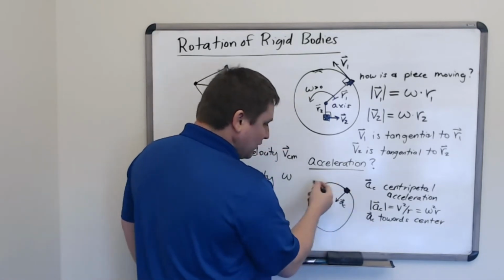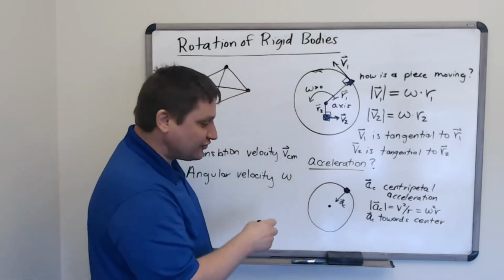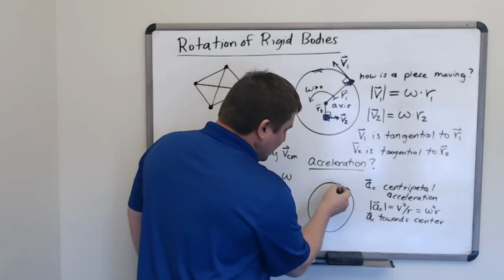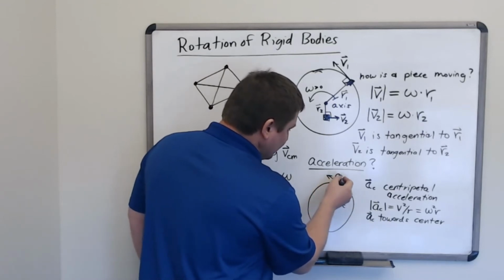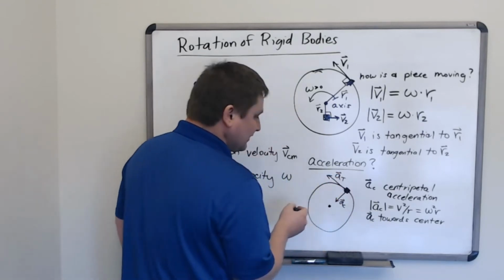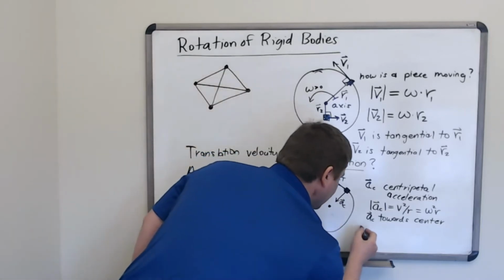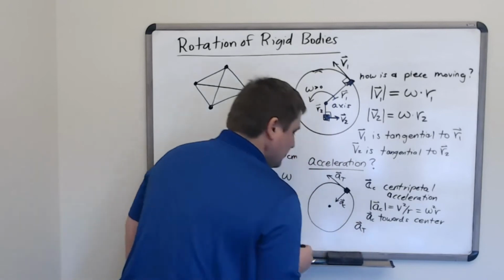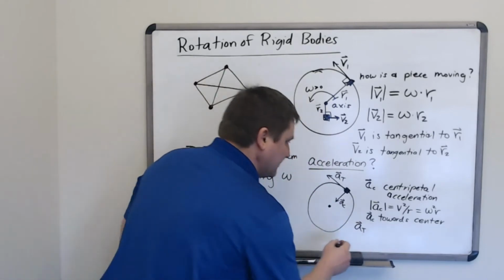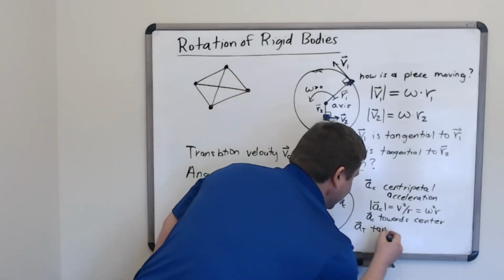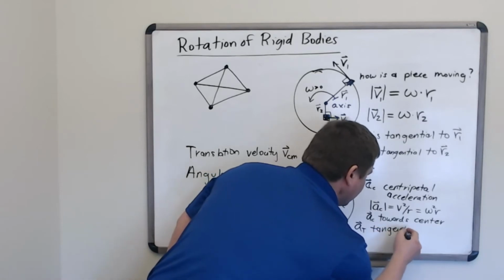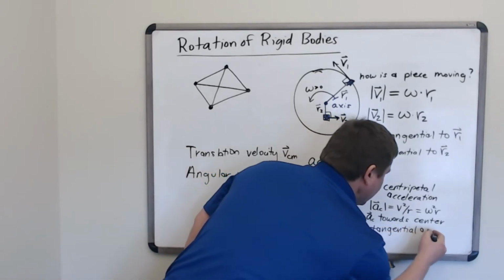So in the cases where the rotation rate can change, we can also have a different component of acceleration in the tangential direction. So we label this as a sub t, and we call it the tangential acceleration.